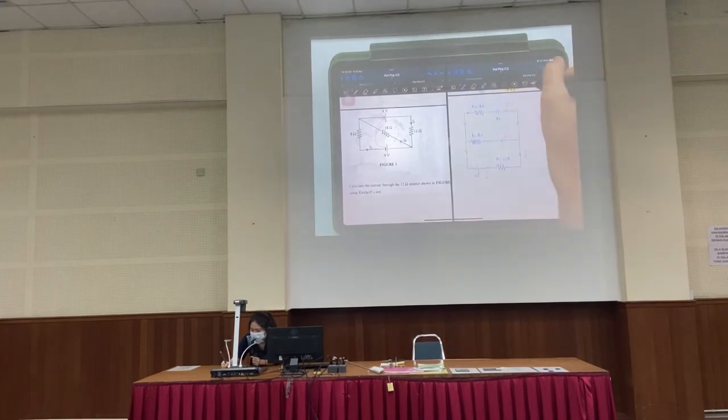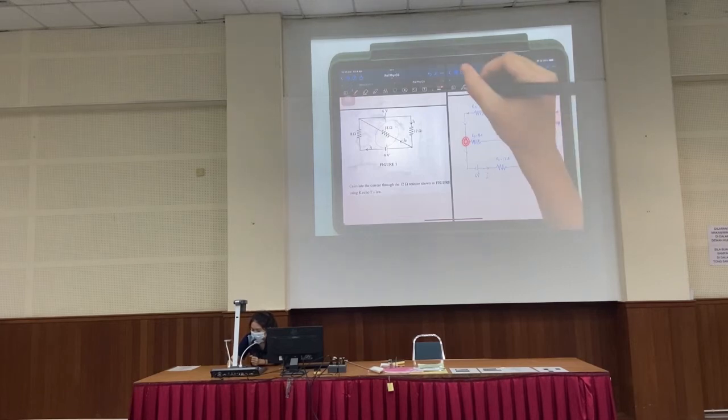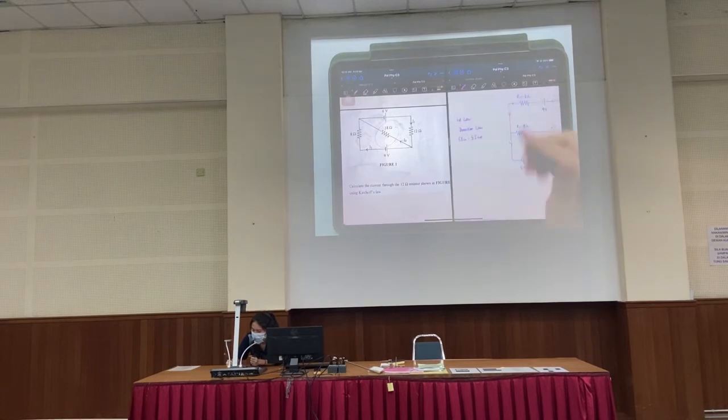As you can see here, it has two loops, therefore it will have a junction. So now we are going to follow two laws, the first law and the second law, the junction law and the loop law.